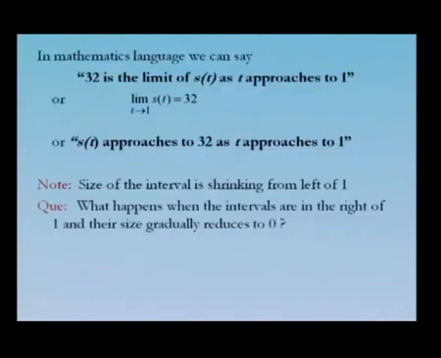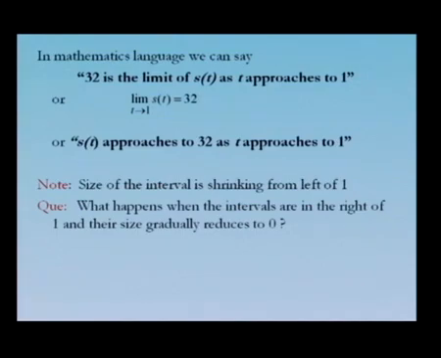In mathematical language, we can say that 32 is the limit of s(t) as t approaches 1, or in symbolic way we write limit t tends to 1 of s(t) equals 32, or another way is s(t) approaches 32 as t approaches 1.